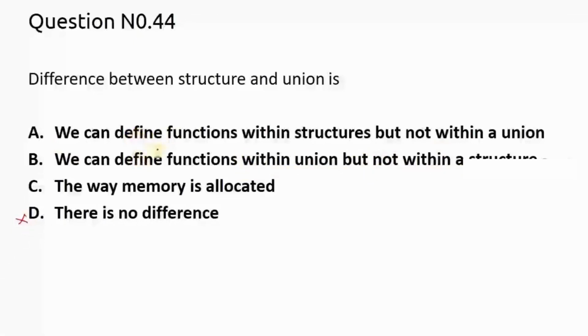These two statements are contradicting and not at all true. So the only difference we'll find between structure and union is the way memory is allocated. In structure we allocate memory for each individual variable separately, whereas in union we allocate common memory. That is the main difference between structure and union. So answer C is correct.